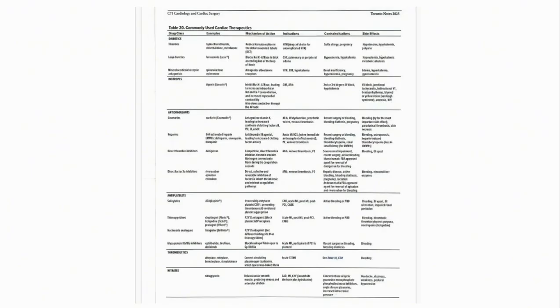Antiplatelet agents. These medications inhibit platelet activation and aggregation. Aspirin. Aspirin irreversibly inhibits cyclooxygenase 1, reducing thromboxane A2 production. Indications include coronary artery disease, acute myocardial infarction, and secondary prevention after PCI and CABG.